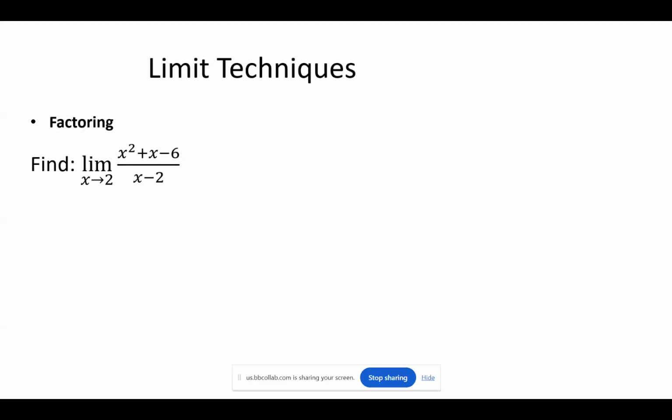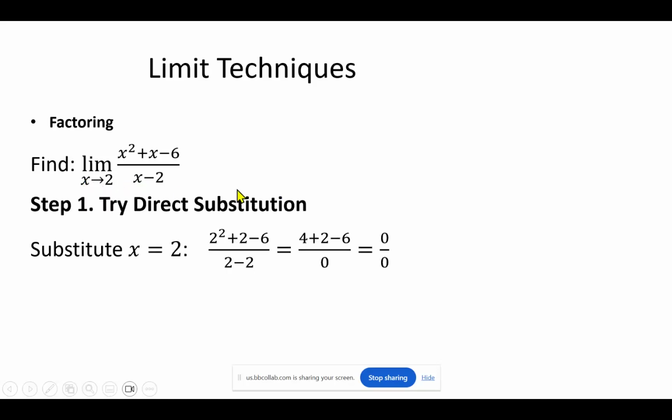The second technique is factoring. In this example, we are asked to find the limit of a rational function, and rational means that there's a fraction. So we have x squared plus x minus 6 over x minus 2. Right away, you might notice there is a problem when x approaches 2, because if you were to plug in 2, on the top there's no issue: you get 4 plus 2 minus 6, which is actually 0.